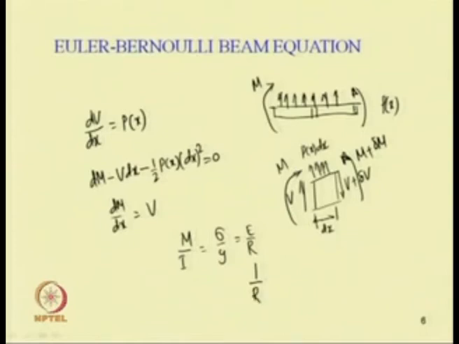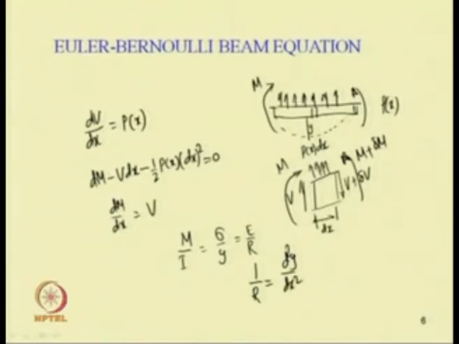Let y be the deflection of the beam at any distance x due to this bending. Then 1 by R can be written equal to d square y by dx square.